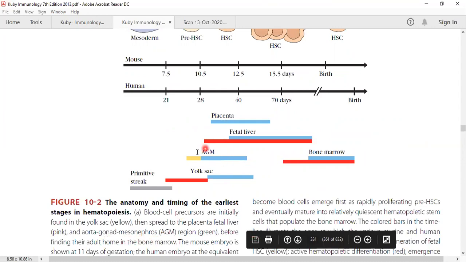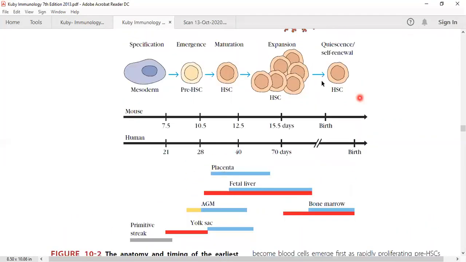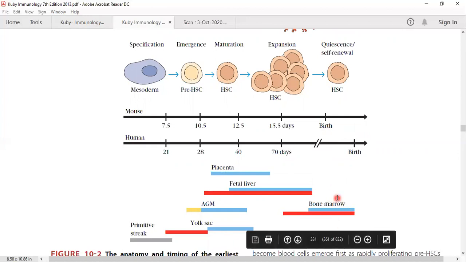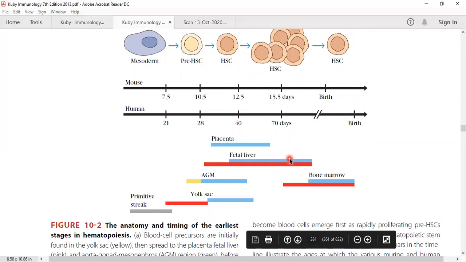So this is also responsible for a time period in which the hematopoiesis or the synthesis of different types of cells is actually taking place. And then about birth or afterwards, these hematopoietic stem cells are made, okay, and then these hematopoietic stem cells are responsible for the development of various different kinds of white blood cells through the process called hematopoiesis.